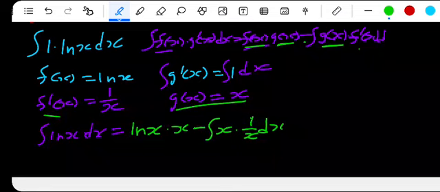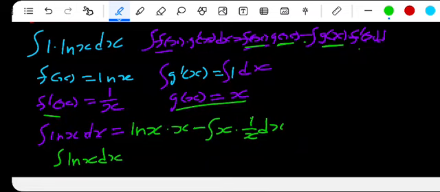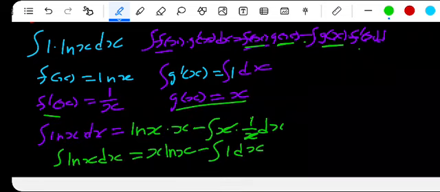All right, so the left hand side we still have the integral of ln x. Multiplying this, we have the same as x ln x minus the integral, where this and this will cancel, of 1 dx.